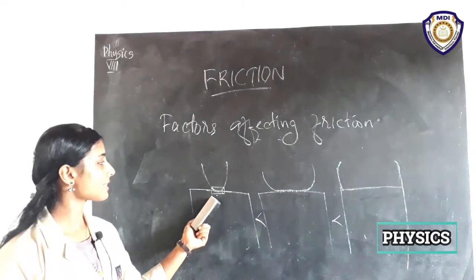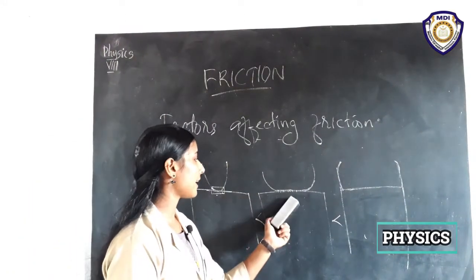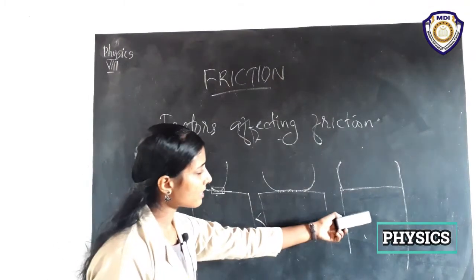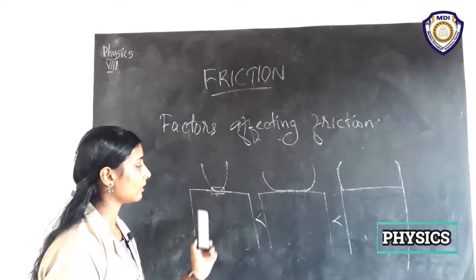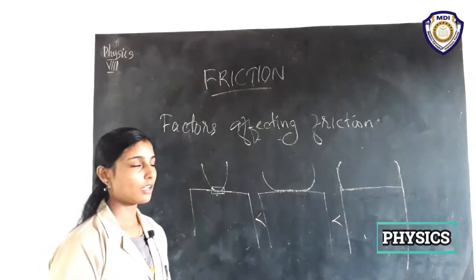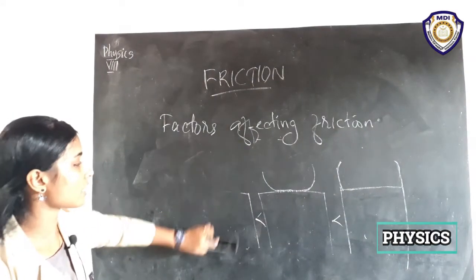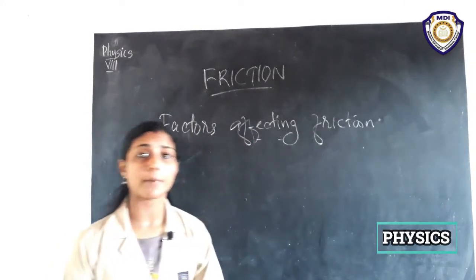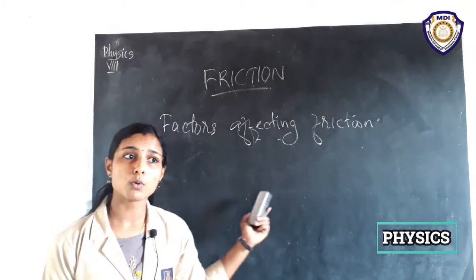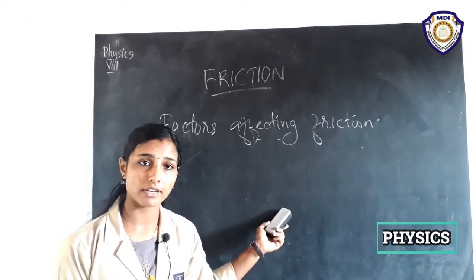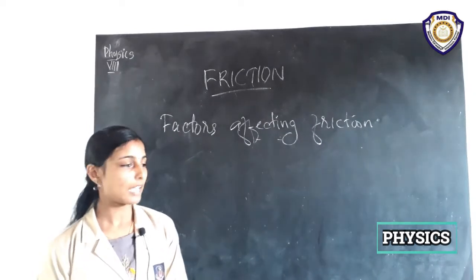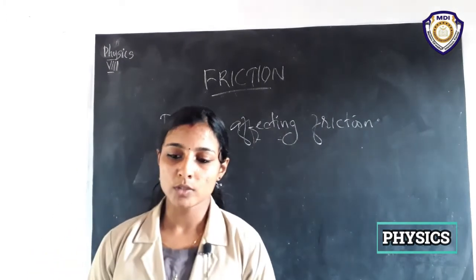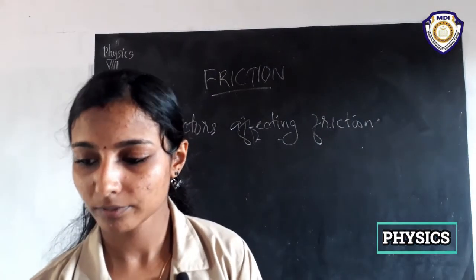This is less tightly packed, this is somewhat tightly packed, and this is more tightly packed, so the friction is greater here when compared to these two cases. So these are the factors affecting friction: how tightly the surfaces are packed, and how smooth or how rough the surfaces are. These are the two things that determine frictional force, right?